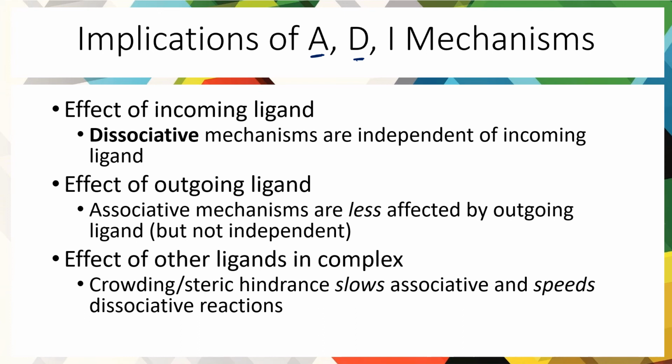So it can speed dissociative reactions and slow associative reactions. In the next set of notes, we're going to look at some data that gives some examples of this. We'll be able to see relative rates of reaction and try to understand what causes this to happen.